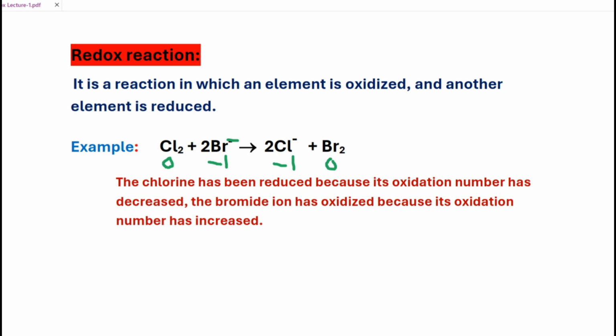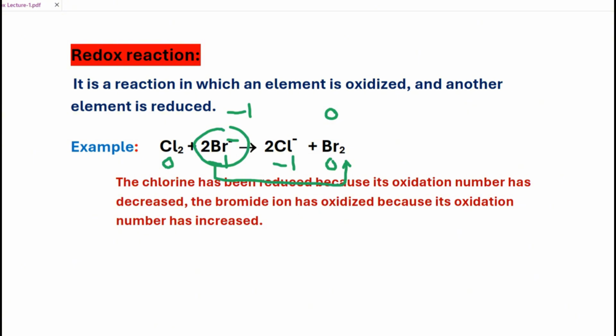Bromide ion goes from minus 1 to 0, or you can write bromide ion loses electron because oxidation number increases. Here bromide ion is oxidized because bromide ion loses electron, or oxidation number of bromide ion increases from minus 1 to 0. So bromide ion is oxidized.